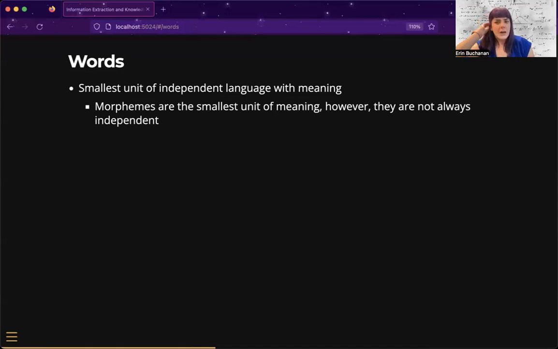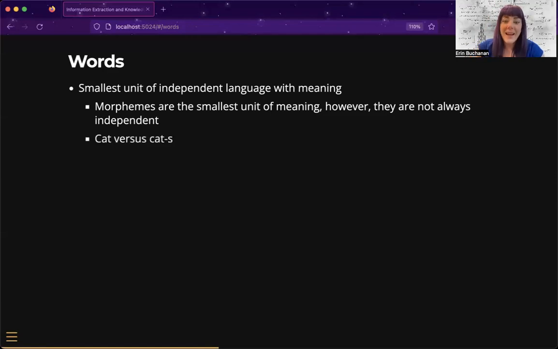So like if I say you can retake the exam, re means to do over, right? Re is a morpheme. It is the smallest unit of meaning, but it's not independent. I couldn't just say re in a text, right? We're talking about the regular expressions package, but it does not stand on its own, is what I'm trying to say.